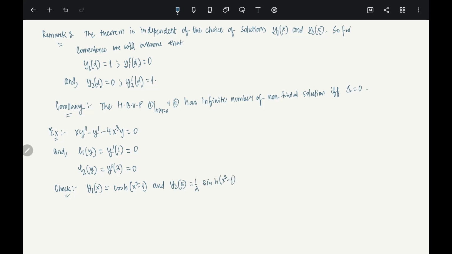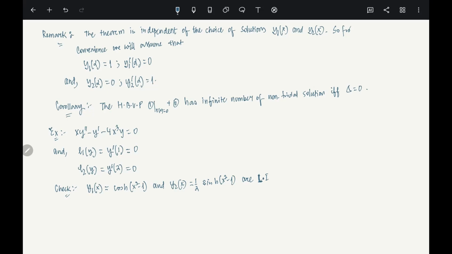Is this okay? These two solutions y1 and y2 are linearly independent. Let's just check that part. I hope you can do that. Please do this part, linear independence. So first of all, we have two linearly independent solutions.